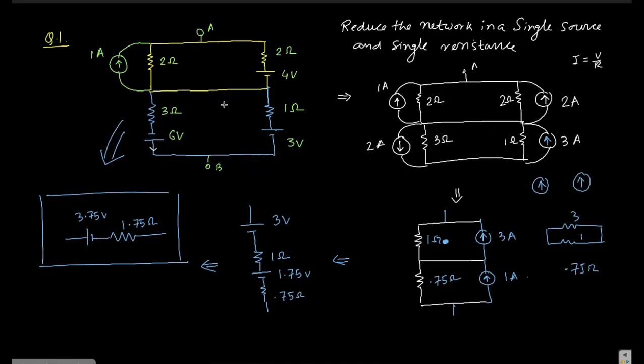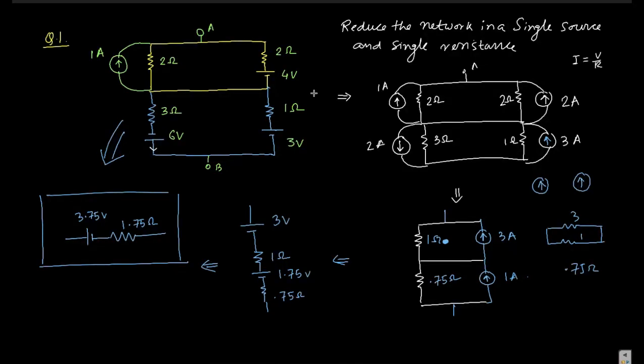This type of question comes in JEE Mains and Advanced: a complicated circuit having 3 voltage sources and 1 current source and 4 resistances. What is the net current flowing through the circuit? If you want to solve it directly, it becomes so complicated for you, is it?